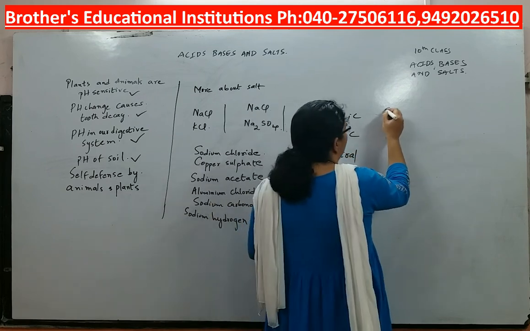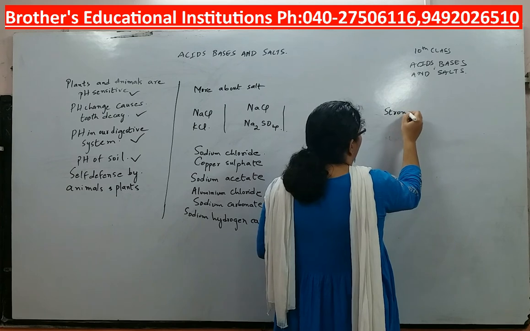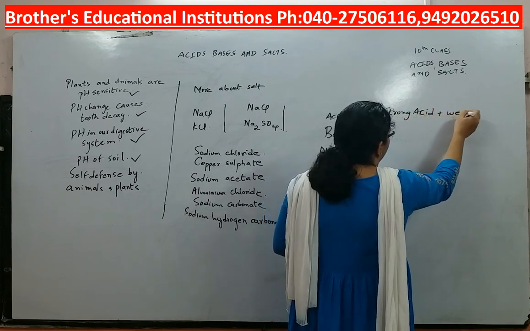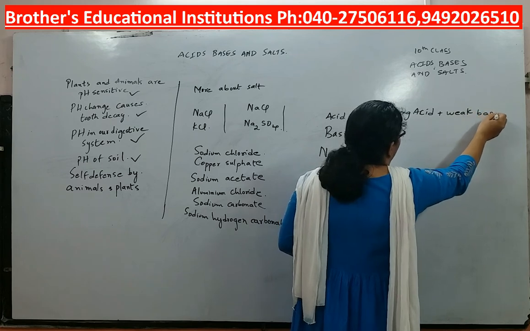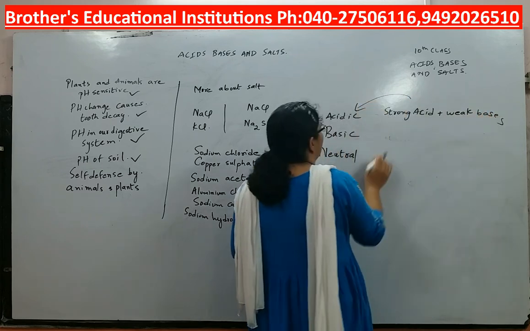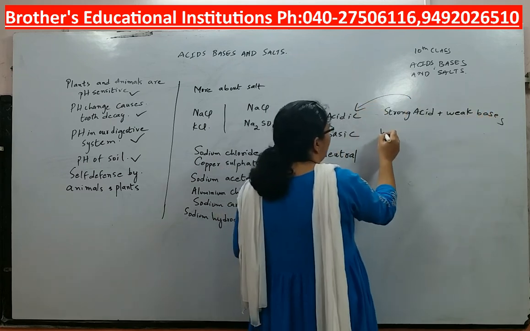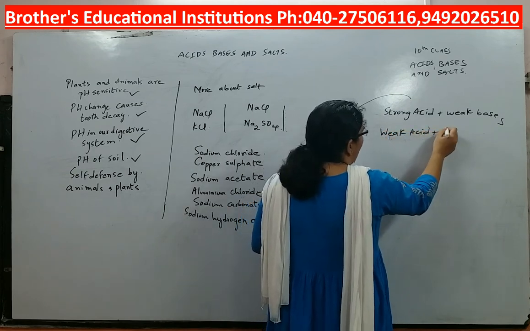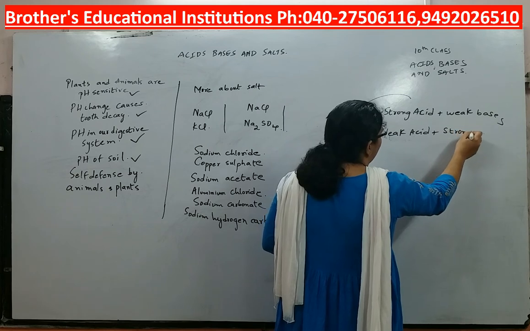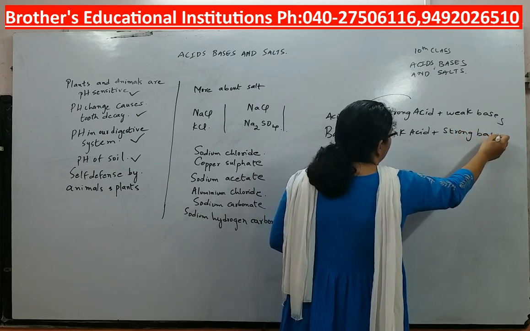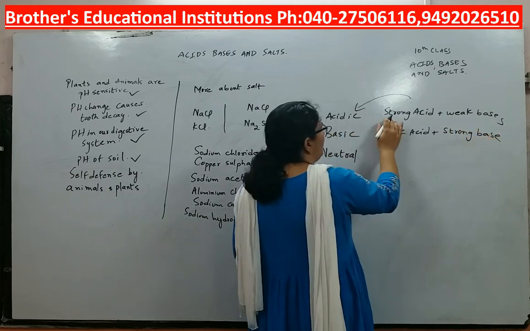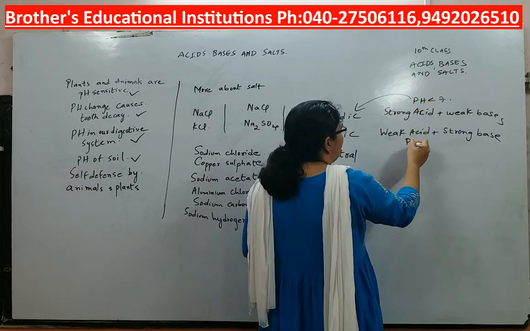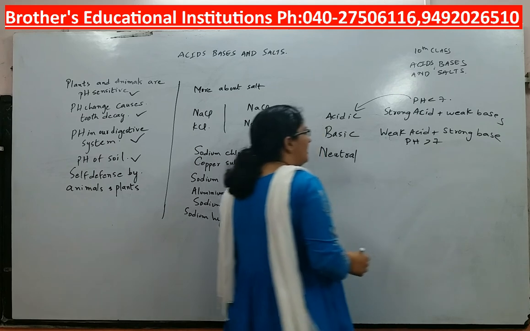Salts obtained from strong acid and weak bases are usually acidic in nature. Salts obtained from weak acid and strong base are basic in nature. Their pH will be greater than 7. Here the pH will be less than 7. Here the pH will be greater than 7.